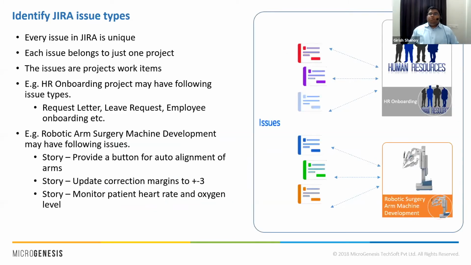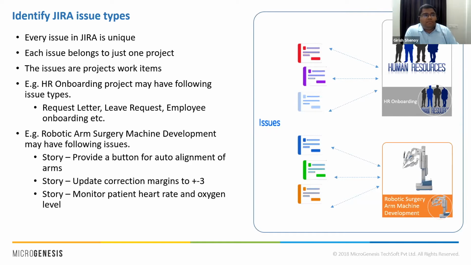Now, a project is associated with issue types. A software development project can have issue types such as story, epic, bugs, tasks, subtasks. You can call anything. For HR, you can have issue types like onboarding task or offboarding task, leave request.